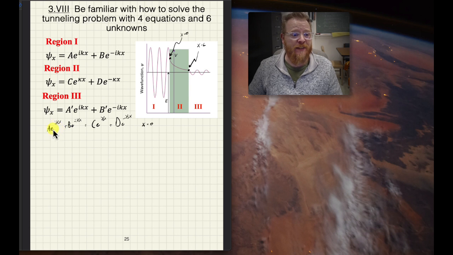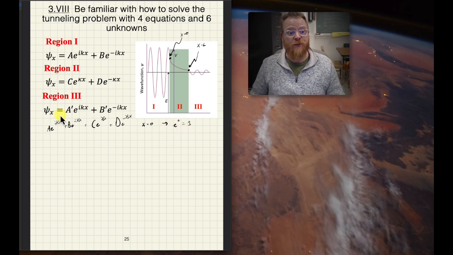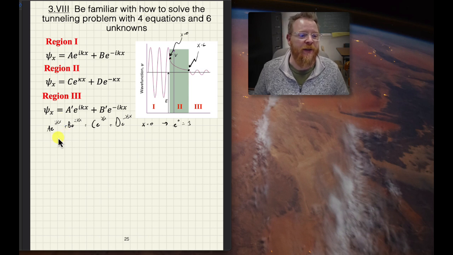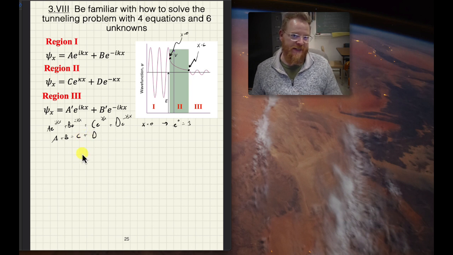And thus we can see all of these are exponentials raised to the x power, so e to the 0 power equals 1. So this is going to reduce quite simply into A plus B equals C plus D. Okay, beautiful. There is our first condition.